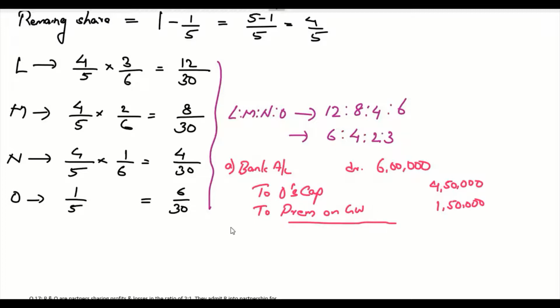Okay, now this premium on goodwill has to be divided among the old partners in their sacrificing ratio. Here the sacrificing ratio is the same as their old profit sharing ratio.